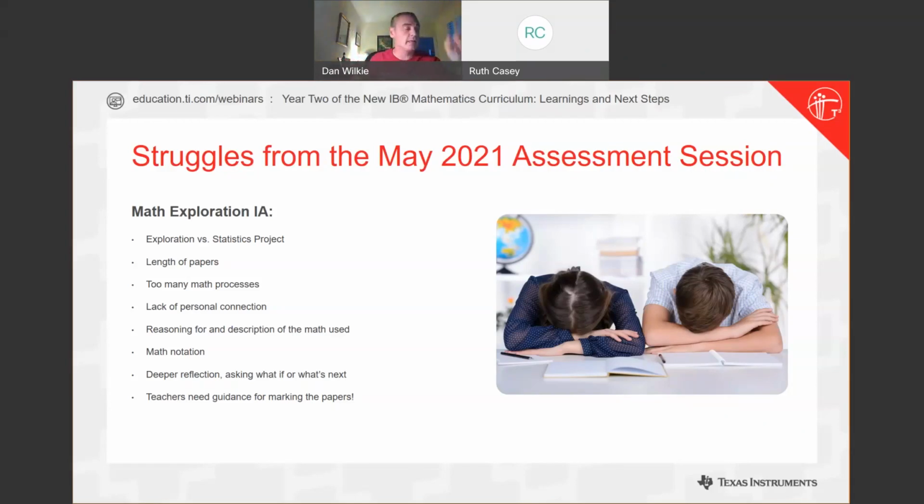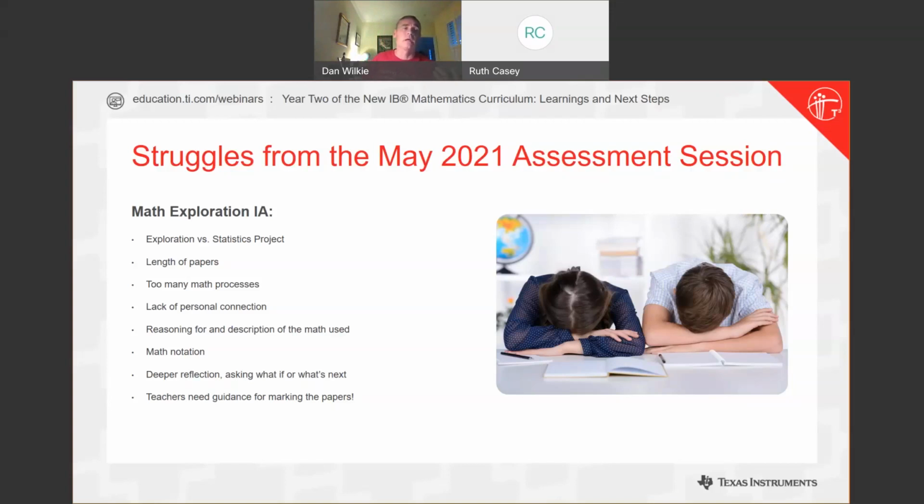So just looking at this list here, I took some of the topics that popped out the most, that seemed to be a struggle for the students. And like I said, the teachers who went from math SL or math HL, there was a smoother transition to the new curriculum, because they were already doing a math exploration.